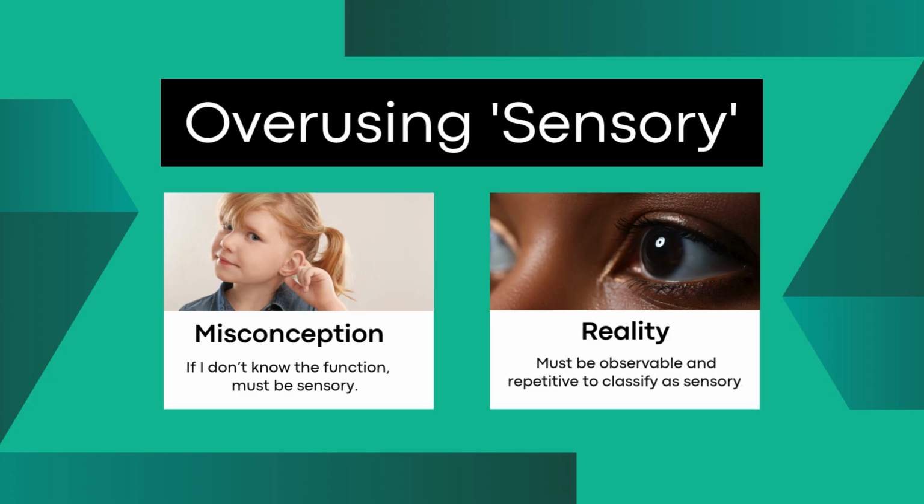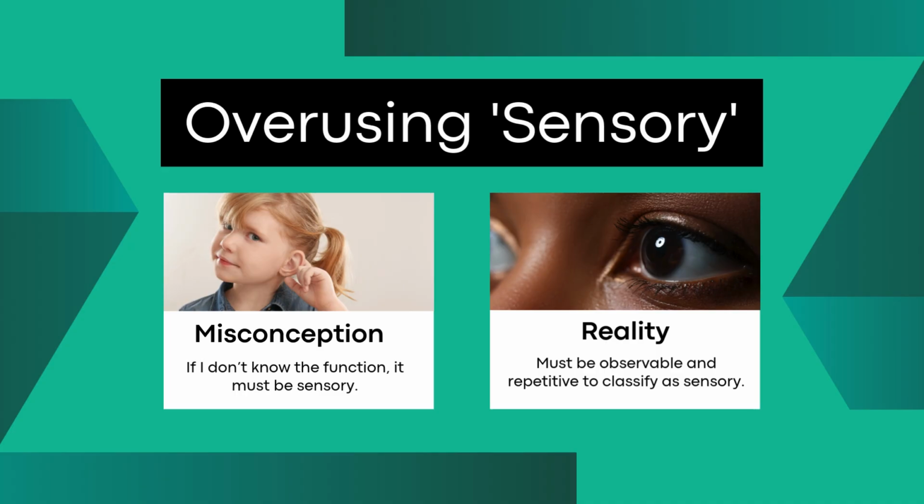And then one of the most common misconceptions that we hear in ABA is labeling every unclear behavior as sensory. Just because we don't yet know what the function of a behavior is, it doesn't mean it must be sensory by default. For a behavior to truly be classified as sensory, it must be both repetitive and observable.